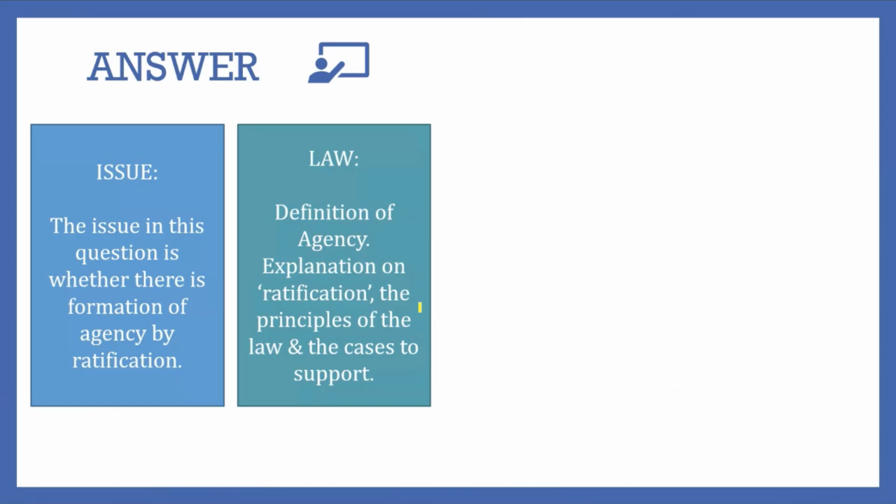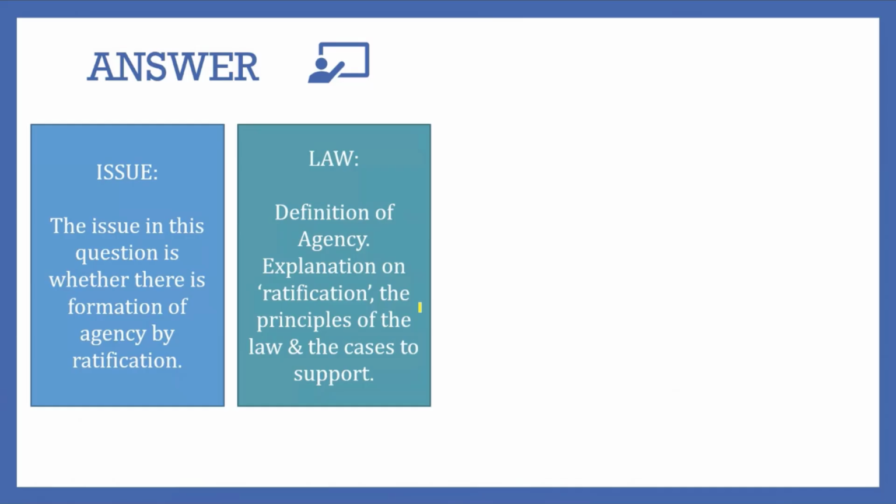You will have to explain section 149, and the two situations where formation of agency by ratification can arise: when the agent has exceeded the authority given by the principal, or when someone who has never been appointed by the principal acted as if he is an agent of the principal.